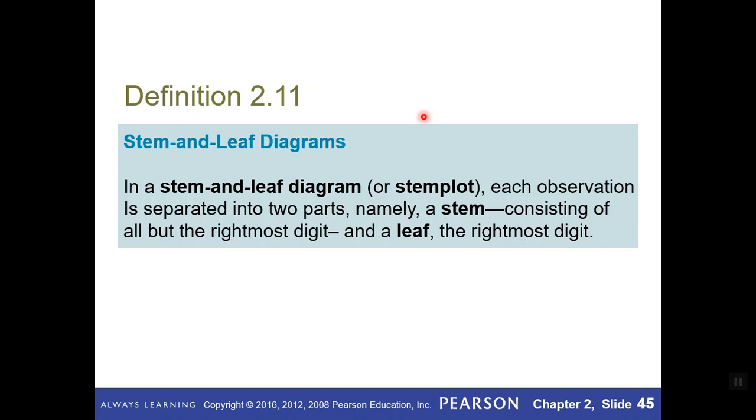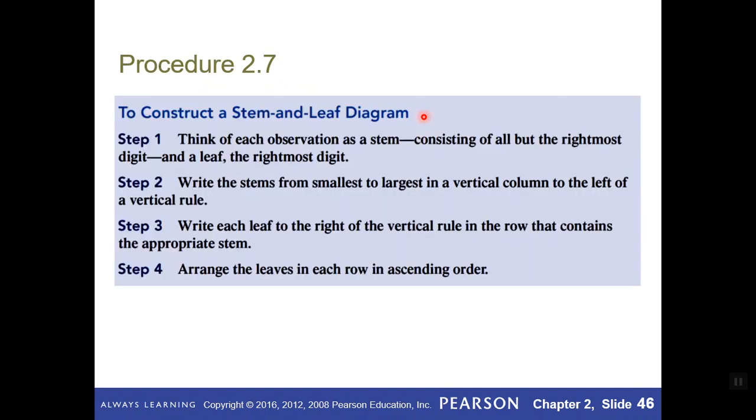We call that stem and leaf. Stem always goes to the left side, and leaf goes to the right side. Remember that leaves always have one digit. All other digits go to the stem.